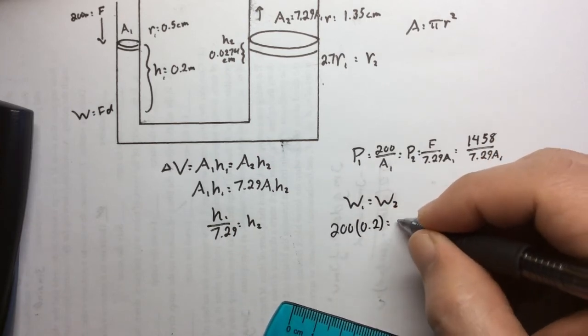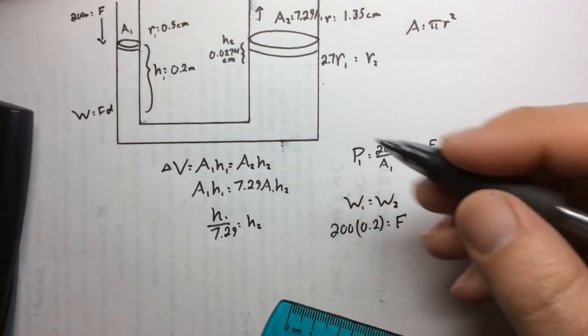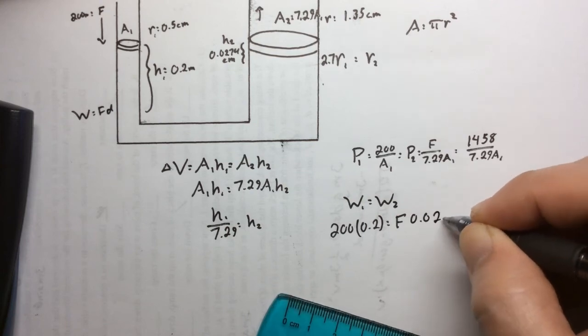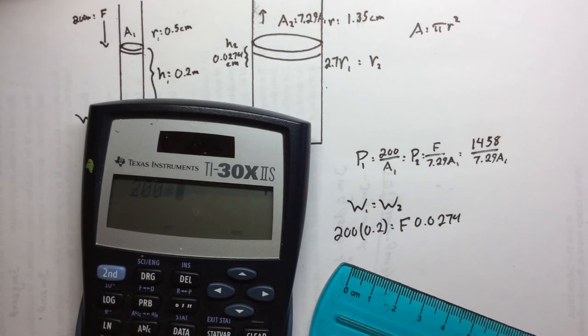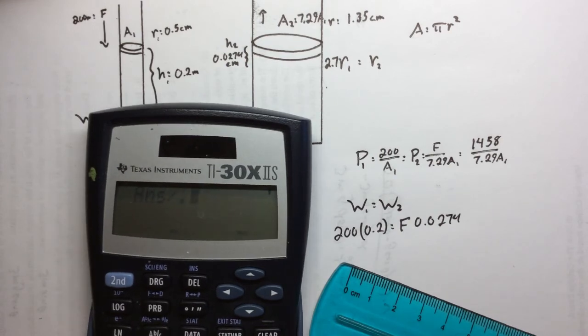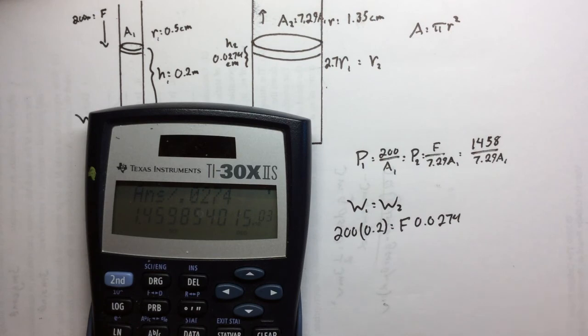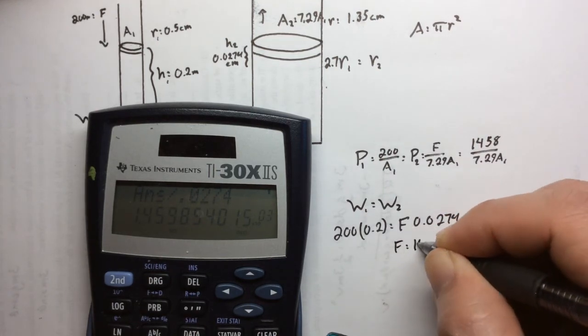Well, that's going to equal some amount of force on the right side at that distance of, what was it, 0.0274. So again, 200 times 0.2 divided by 0.00274 gives me that huge force once again of like 1458 or 1459. Okay, don't worry about that being off by 1 newton.